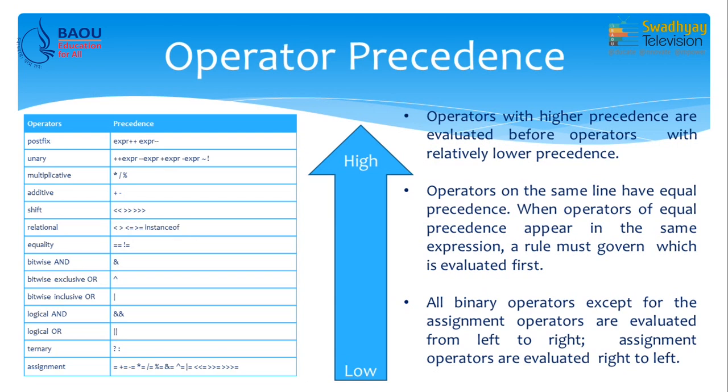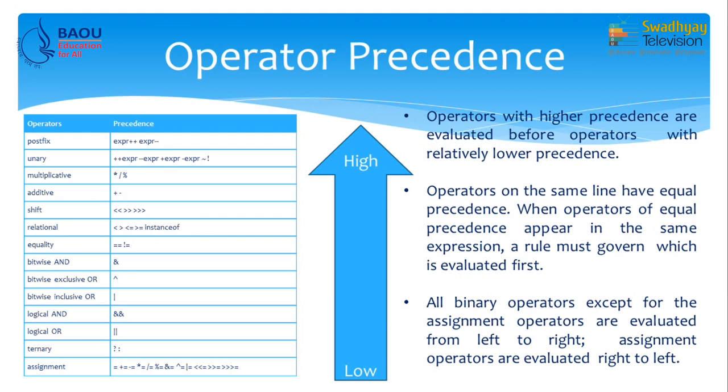On screen you can see the operator on top has a higher precedence, that means postfix operators have higher precedence than unary, and unary operators have higher precedence than multiplicative, and multiplicative operators have higher precedence than additive, and likewise as you go from top to bottom we have lower precedence.